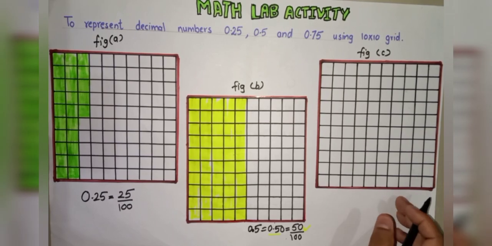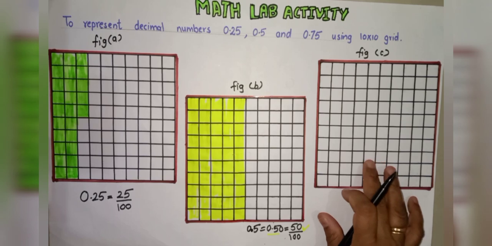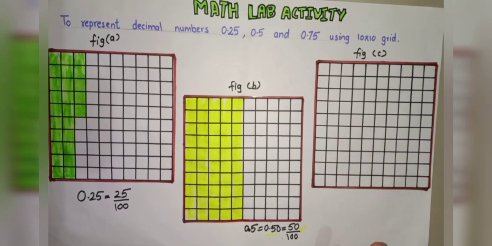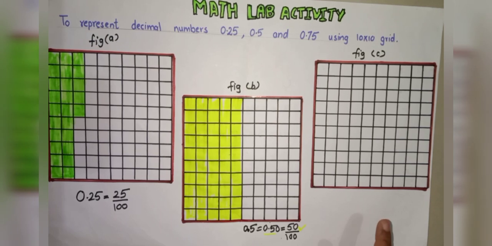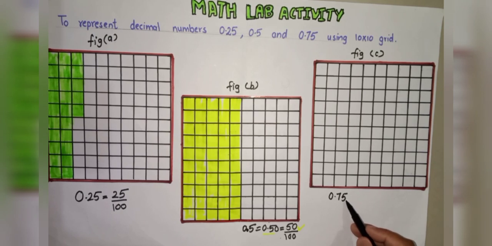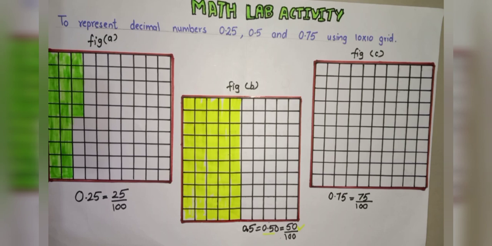Now to represent our third number, 0.75, we will take the third 10 by 10 grid. Yes, children, and using this grid, we will represent the decimal number 0.75. Children, 0.75 means 75 hundredths. That means 75 upon 100 in fractions, isn't it?